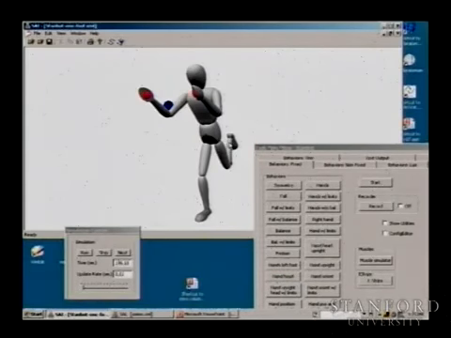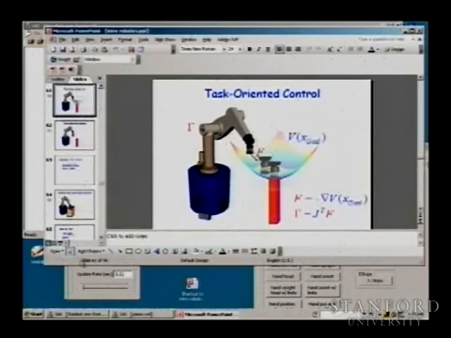So we are able to create those interactions between the graphics, the kinematics, and apply it to the dynamic system, and everything actually is simulated on the laptop here. So this is an environment that allows us to do a lot of interesting simulations of human-like structures.